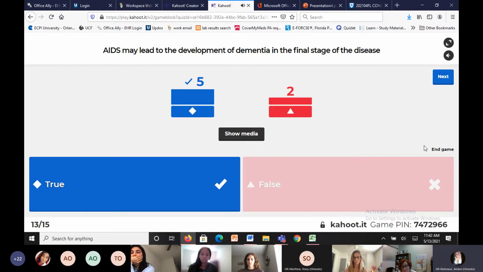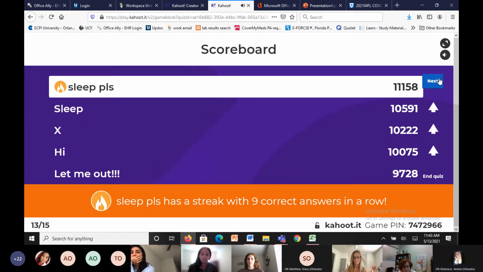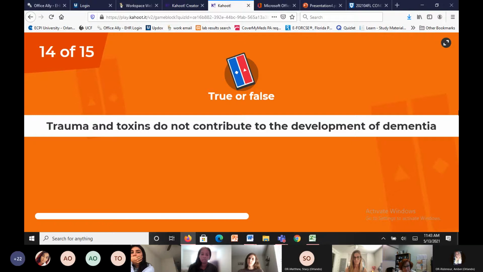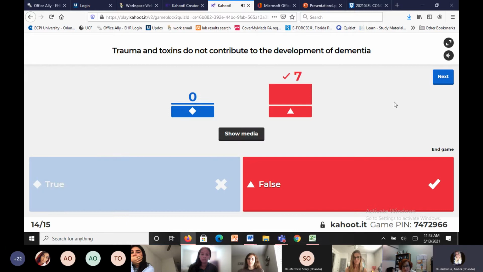Yep, this is true. Yep, this is false. Trauma and toxins do contribute to the development of dementia, not just delirium.